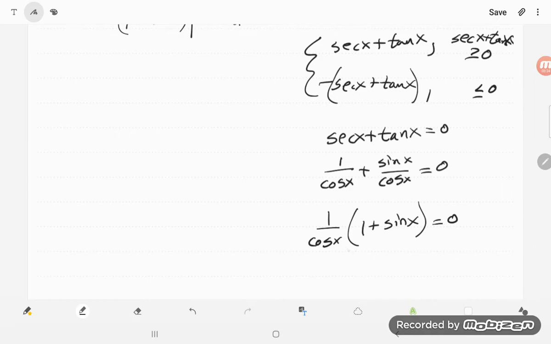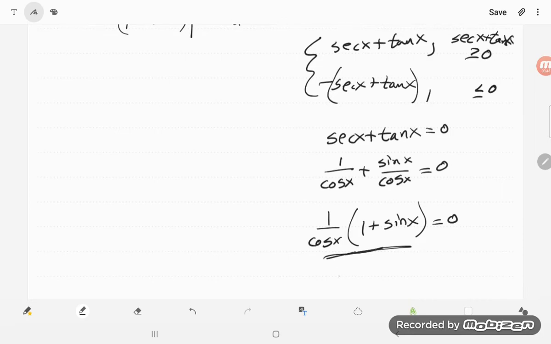Now, this is undefined, of course, when cosine of x is 0. So this expression on the left is just undefined when x is pi over 2 or minus pi over 2 or something like that.